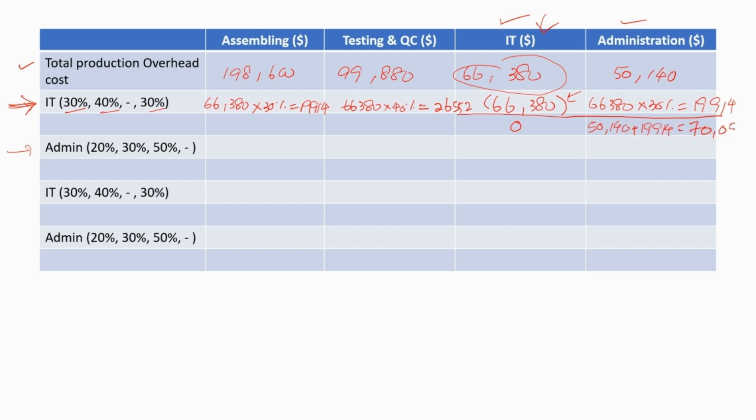This is equal to $70,054. So now we are going to distribute this value among the other cost centers like we did earlier. But now we are going to use the percentage values for the administration service cost center, which are 20, 30, 50%.